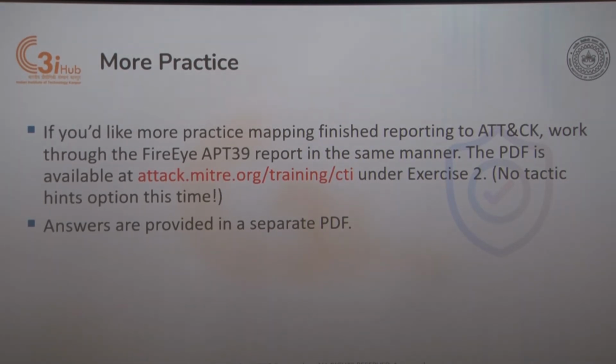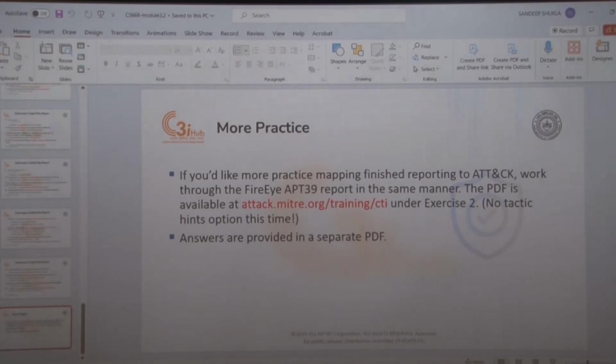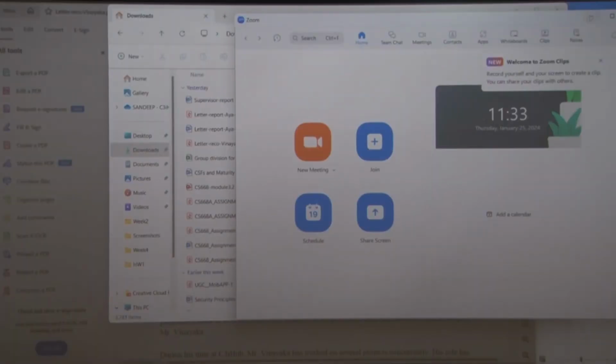In the next homework, we will give you 31 reports. Each group has 1 report, and each group has to do the mapping, and there will be no highlights or hints, right? And our TAs are pretty ruthless, so you better work on that. I think I have given enough hints about the next homework.